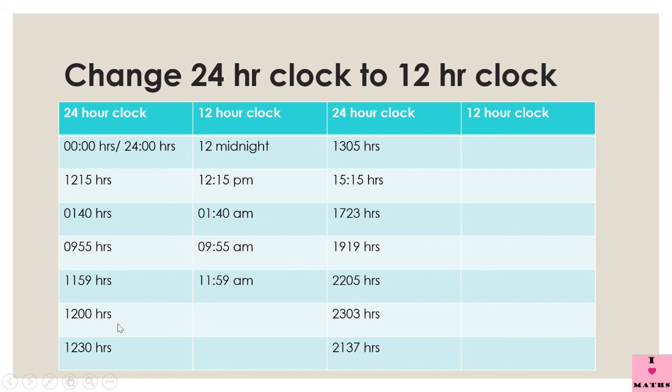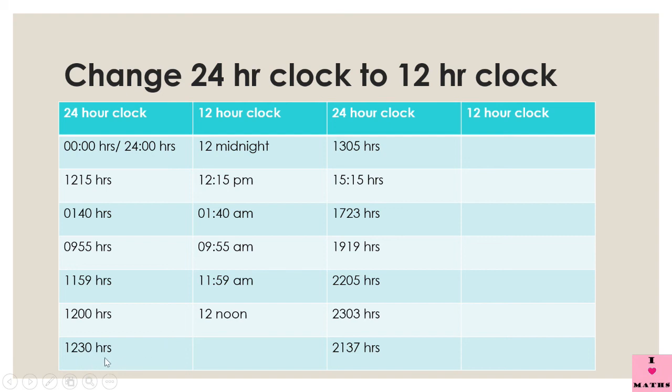Okay, 1200 hours. This shows that 12 hours have passed since the day started. So 1200 hours means 12 noon. And generally, children, we do not write AM or PM with 12 midnight and 12 noon.